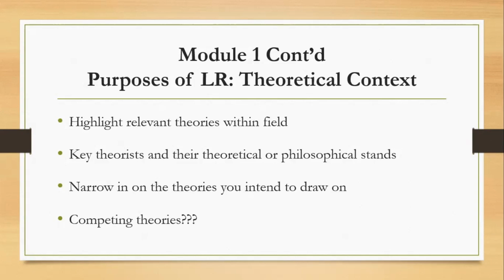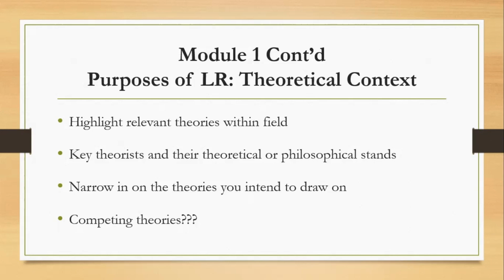It doesn't necessarily mean that you are going to use all the theories, but your literature review should expose the key theories in your field and what their theoretical or philosophical stance are. So if there are 6 key theoretical diversions, or theoretical perspectives, or if there are 4 theoretical perspectives, or 5, you have to know from your literature review.